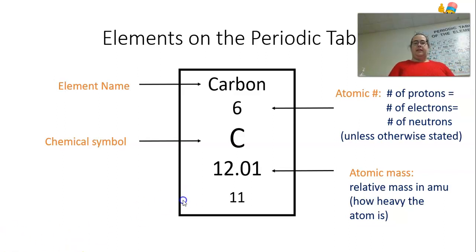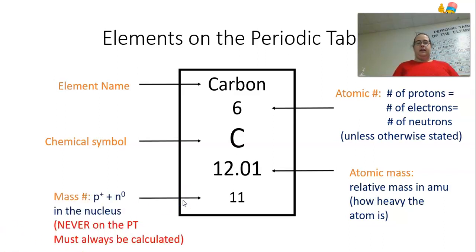But these are the different pieces. Okay. All right. So label this on the periodic table element that I gave you. Okay. All right, and then tomorrow we will talk about isotopes and 8-man.